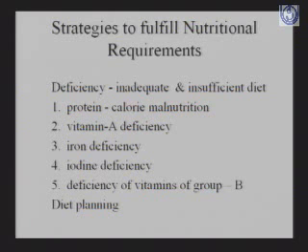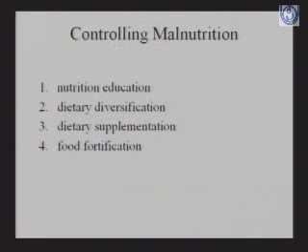So diet planning is also important, and the strategy requires knowing the nutrient requirement, and that's how we can control malnutrition in different ways. One is nutritional education. Through education we can explain what nutrition is required and how you can get the nutrients as part of the food.